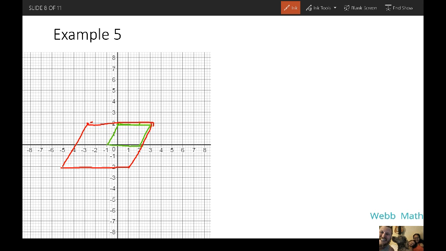So, if we look, I believe in the textbook, speaking of points, and points are kind of important, especially when you look for center of dilation, center point for dilation.